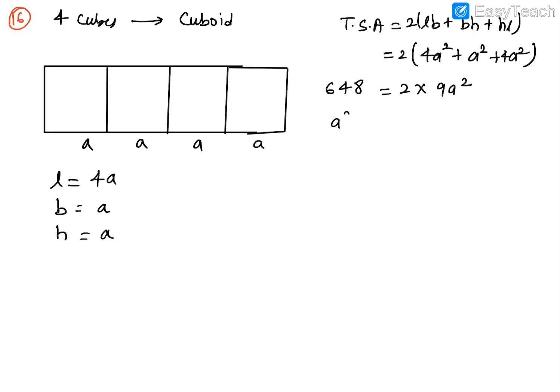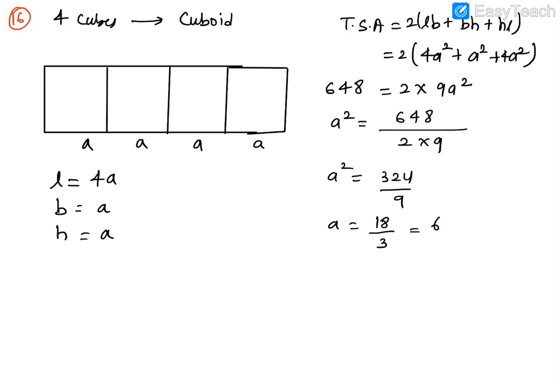So basically A squared is equal to 648 divided by 2 into 9. So A squared is equal to 324 divided by 9. So A is equal to 18 upon 3, which is equal to 6. So we got that side is equal to 6. That's what we found, the edge of each cube.